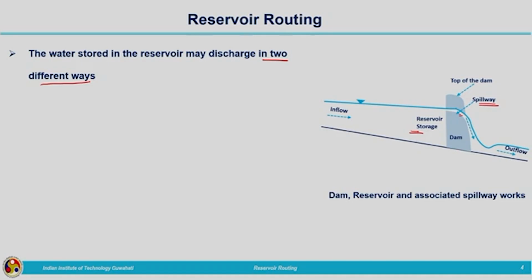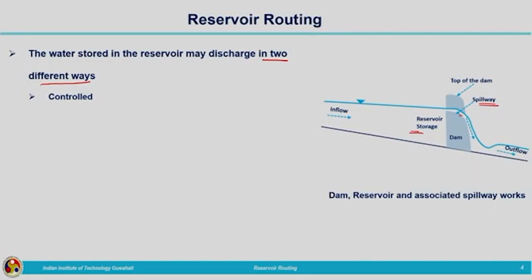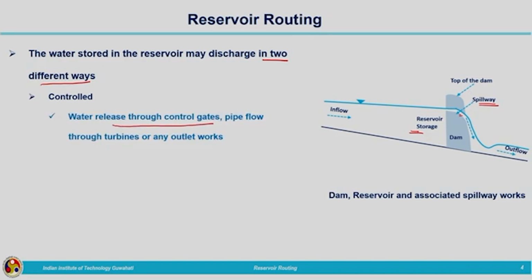Dam will be having different hydraulic structures for controlling the flow. Spillway is one structure which allows the smooth flow of the water from the reservoir. So, the spillways can be controlled ones or free flowing ones. The outflow from the reservoir can be divided into two types. The first one is the controlled one, that is, water released through control gates or spillways such as pipe flow through turbines or any outlet works.